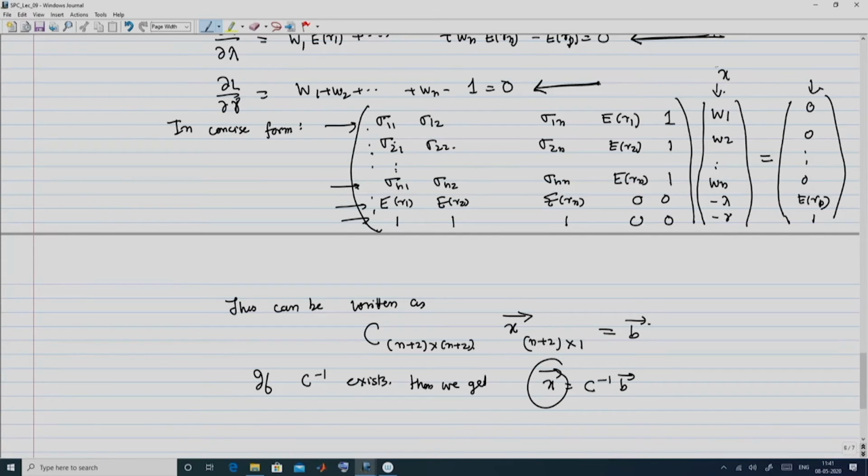This is my vector x. So, this solves for W1, W2 all the way to Wn, and lambda and gamma.